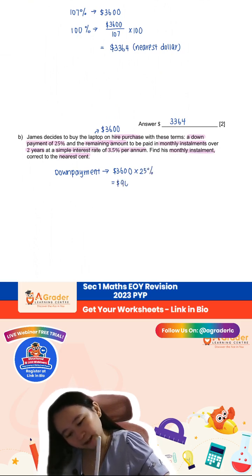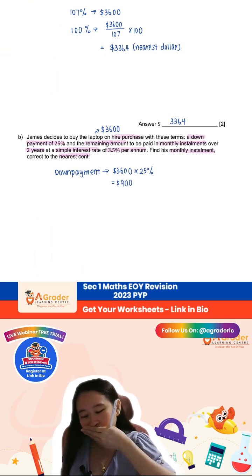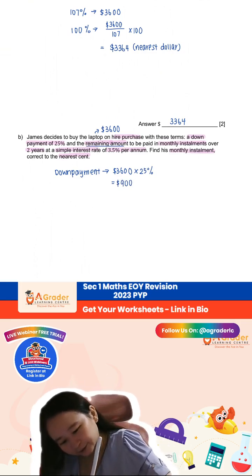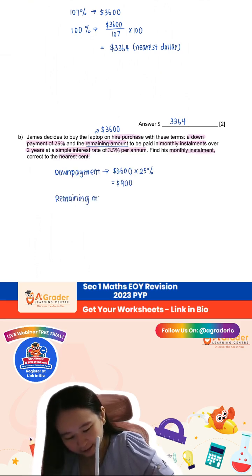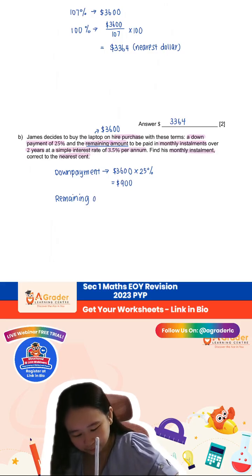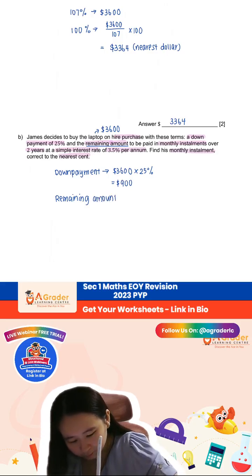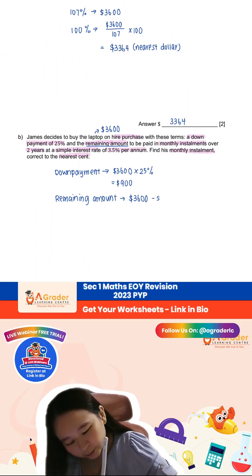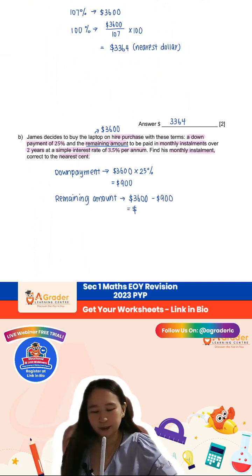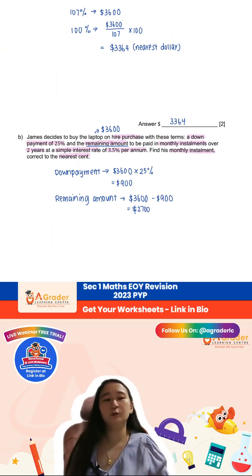So he paid $900 first. Then we can find the remaining amount. Technically the remaining amount is 75%. So the laptop cost 3,600, you minus away the $900 that he has already paid. He needs to pay a balance of 2,700.